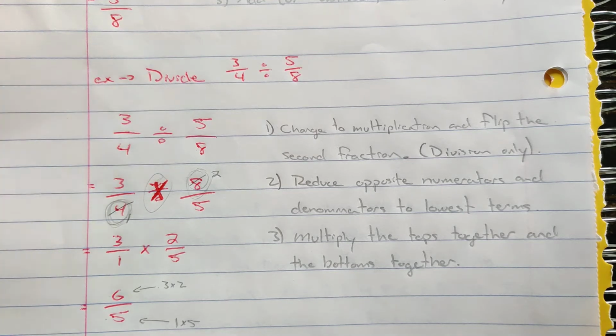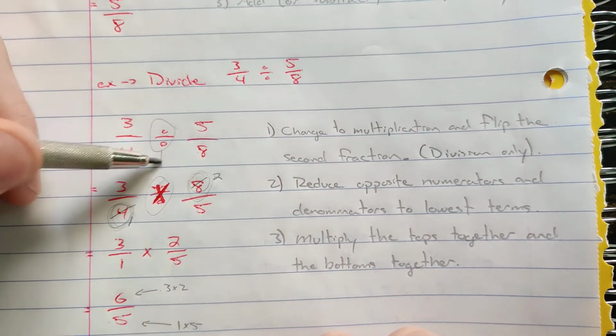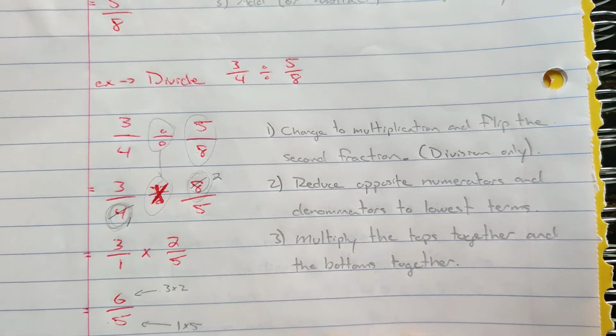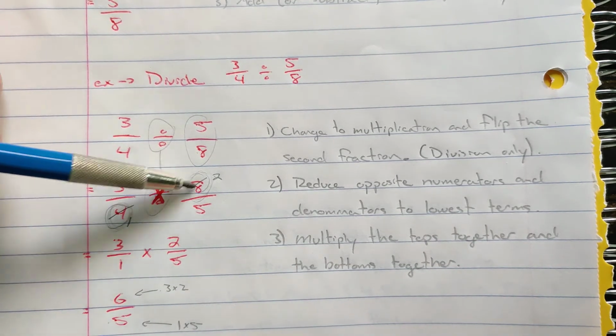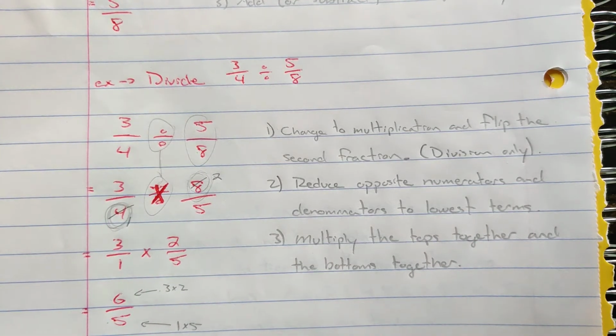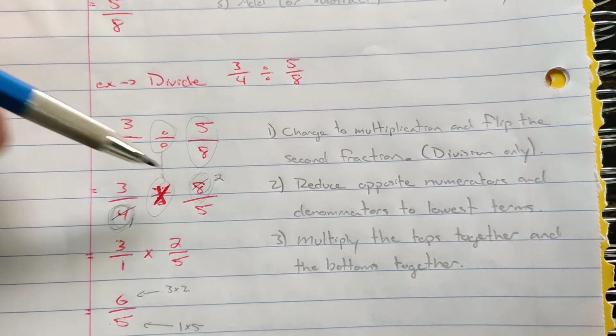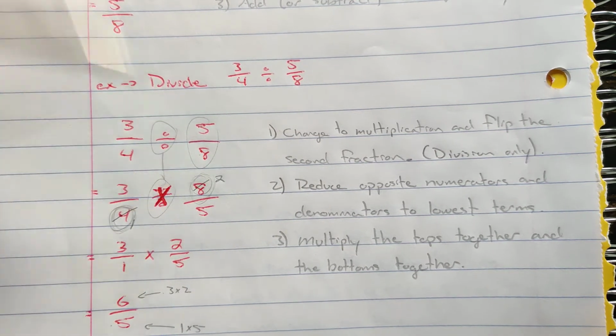So what we do is we change that division to a multiplication. We invert the 5 and the 8, and we get 8 over 5. Then, multiplication and division are the same. So what we can do is just straight out multiply 3 by 8 and then 4 by 5 on the bottom and get our fraction that we would have to simplify.